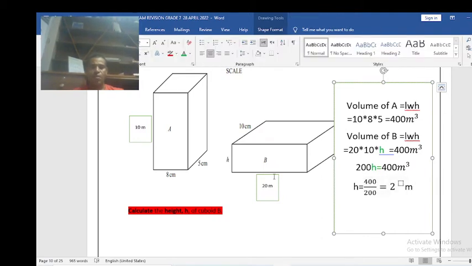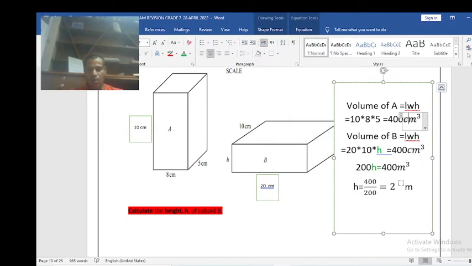If the question is in centimeter, I will just put here that all of this is centimeter, because the unit is written centimeter.